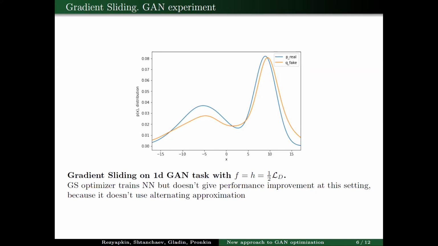We observed that gradient sliding fails on this problem. We suppose that the reason could be the above mentioned problem of estimating Lipschitz constants for loss as function of parameters for neural networks.